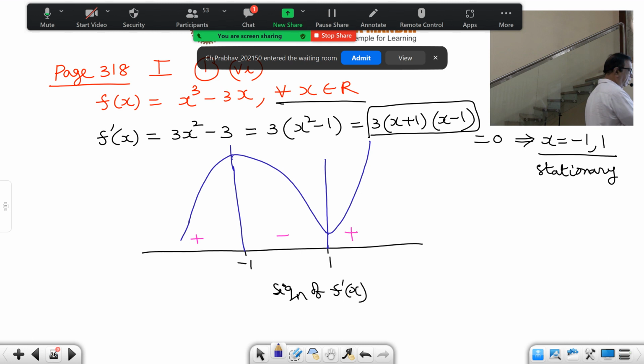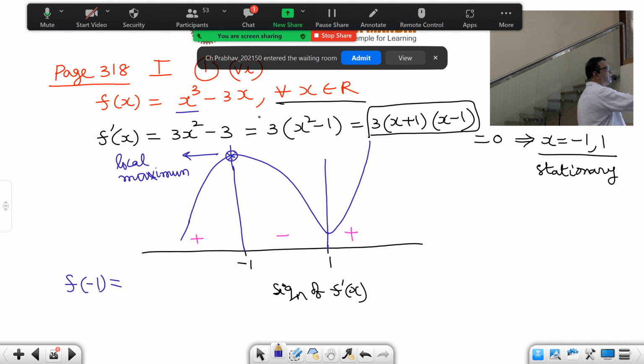So therefore clearly at x equal to minus 1, what is there? Local maxima or local minima? Local maximum. So x equal to minus 1 is a point of local maximum, and the local maximum value is f of minus 1.